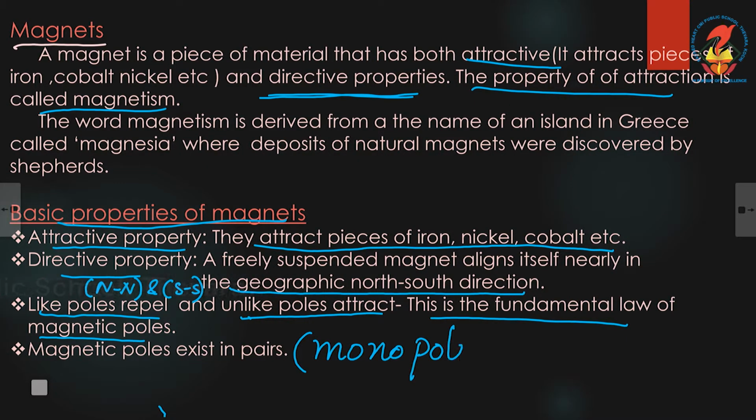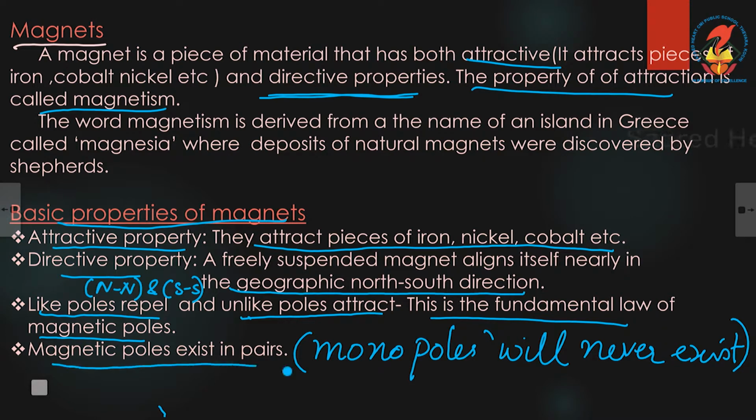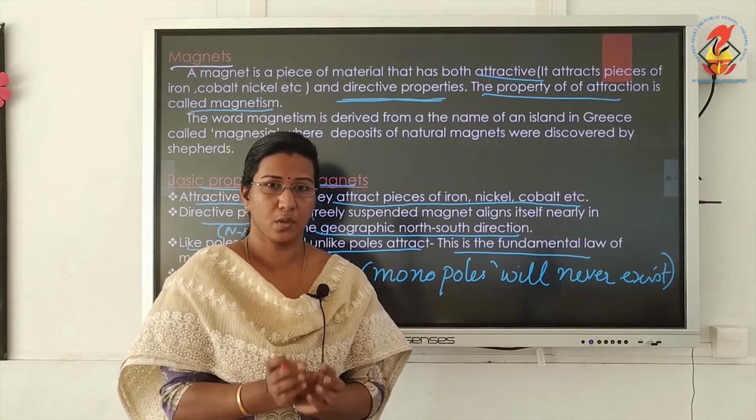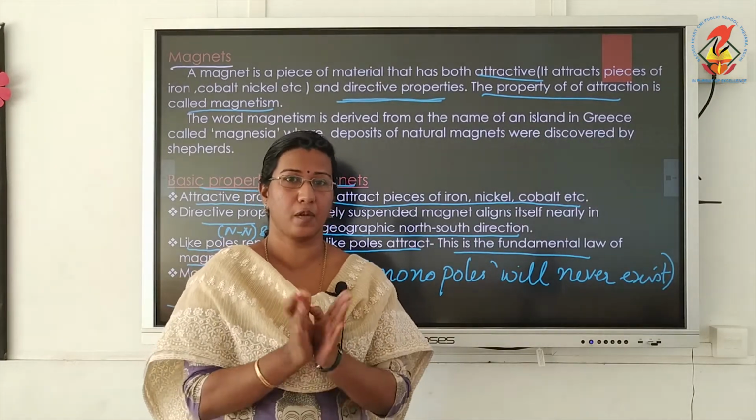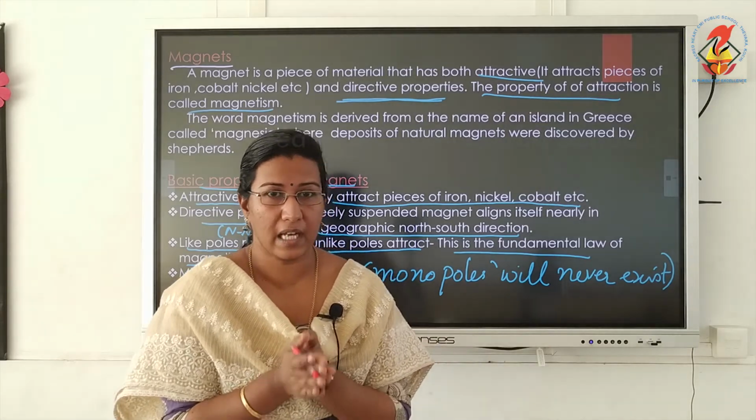Monopoles means single poles, either a north pole or a south pole. In magnets, magnetic poles always exist in pairs. Whatever you do, even if you have the tiniest magnet in your hand of nanometer range, it will definitely have a north pole and a south pole.